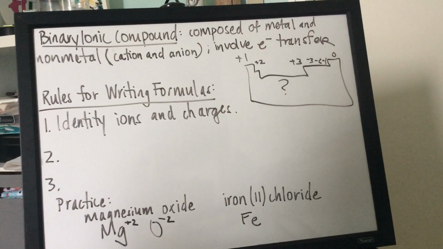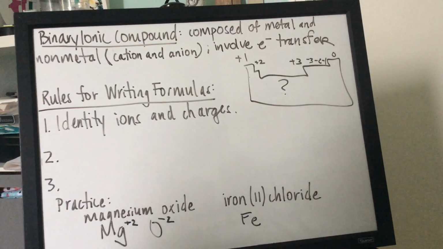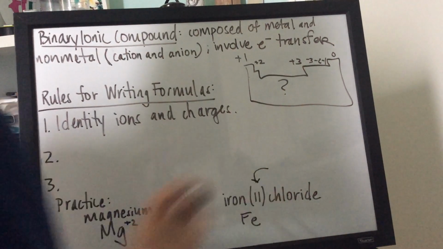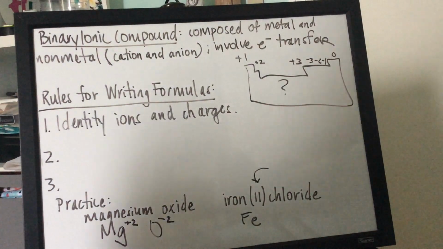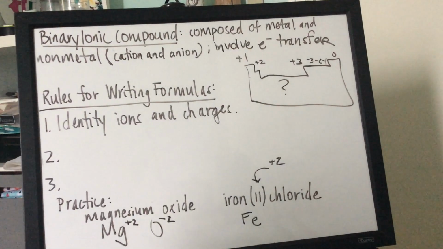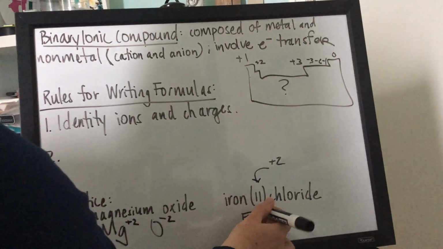We will learn a little later on that we have to identify those charges, because you should be saying, I don't know what iron's charge is. So that's why the Roman numeral is there. Iron is a metal, and all metals lose electrons and become positive. This Roman numeral is telling you that iron's charge is +2, and it's as simple as that. So this is iron +2.